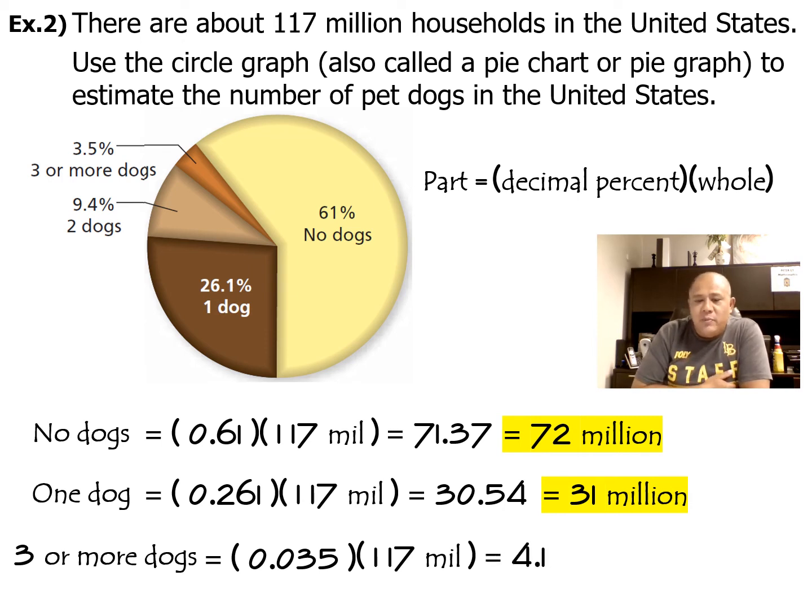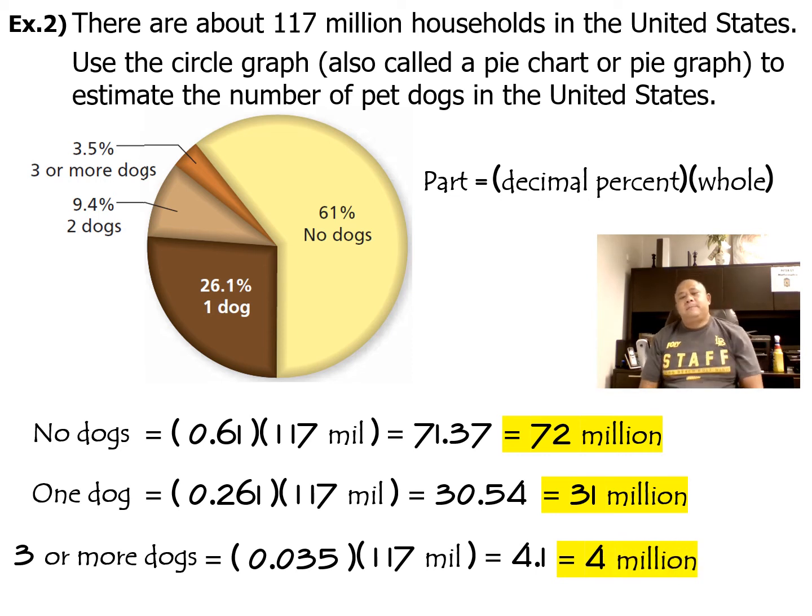That ends up giving you 4.1, which is roughly 4 million. Okay. Again, if you need to slow this down or rewind it, go ahead and do so to understand it. And we're going to move on to example 3, if you're ready.